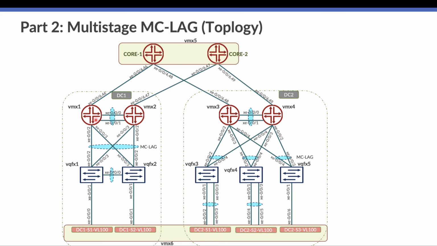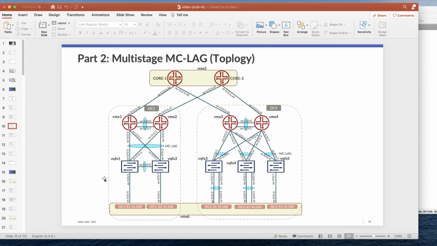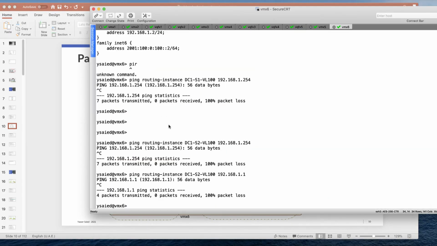So now, to solve this issue, we need to enable VLAN 100 here. By enabling VLAN 100 here, the reachability issue should be solved. So let's go to MX1, MX2.